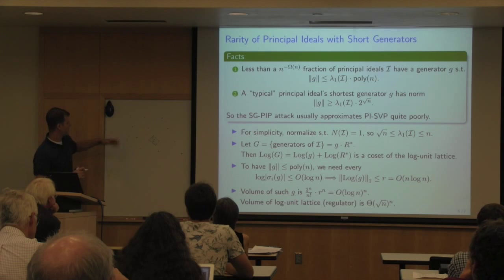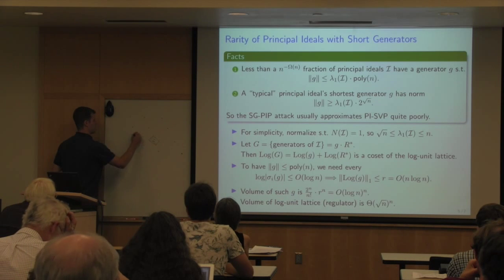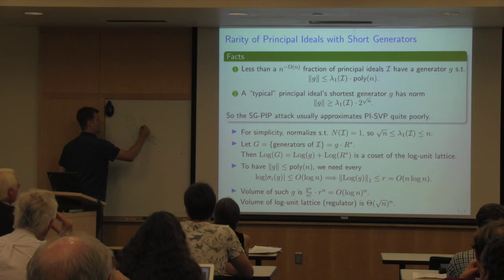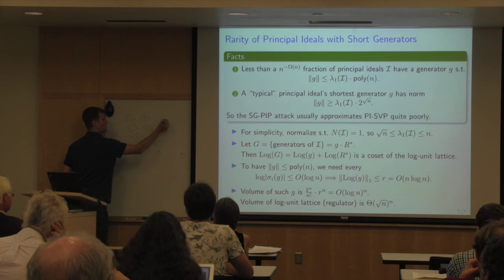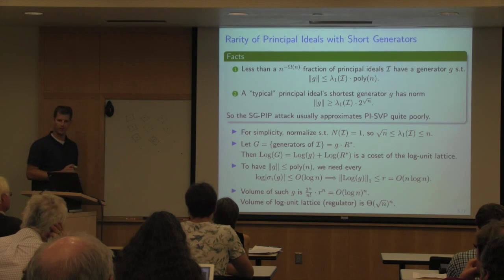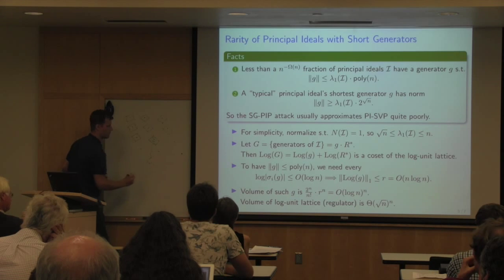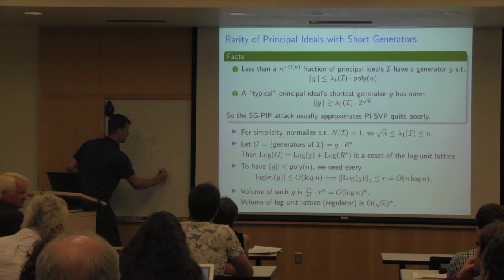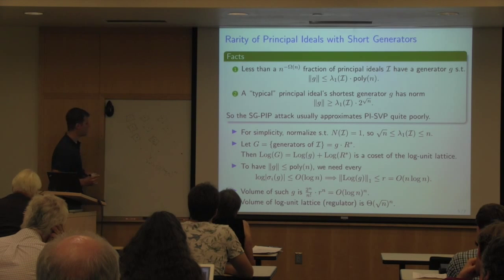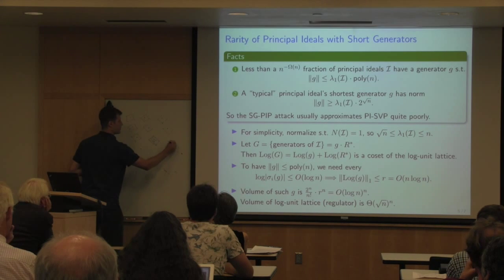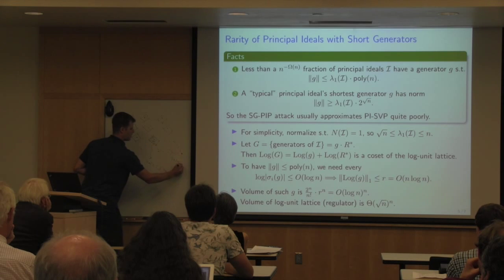Okay, and then if we take the coset of these G's plus the log unit lattice, we just get the same thing around all the lattice points. So the volume of this region is only log n to the n, whereas the determinant of this lattice, okay, the volume of any fundamental region, this volume is square root n to the n.